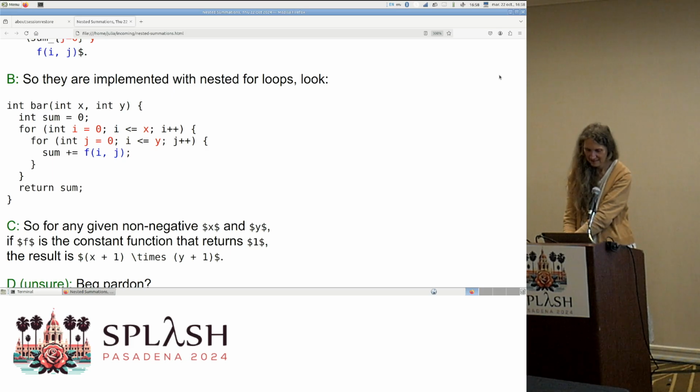Int bar, int x, int y, int sum is equal to 0, for i is 0, i less than or equal to x, i plus plus, for j is equal to 0, j less than or equal to y, j plus plus, sum plus is equal to f of i, j, return sum.